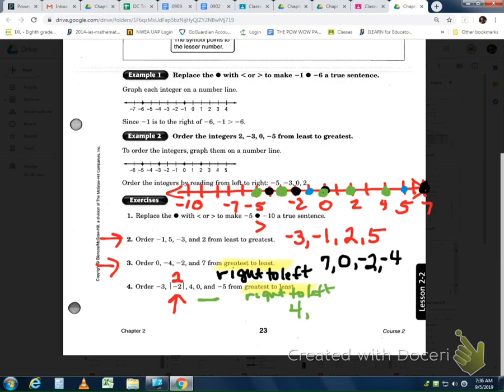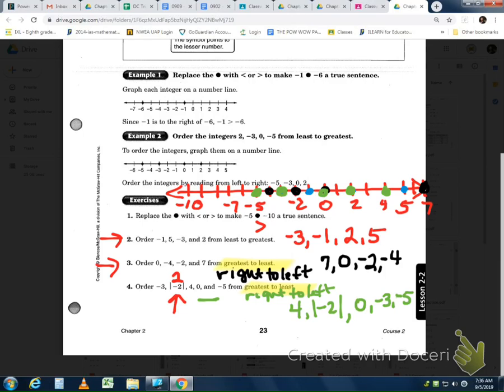Now the 2 you've got to write as the absolute value of -2. Don't change it to 2. You must leave it in the final answer the way that it started, absolute value of -2. And then we're going to go 0, -3, and -5. So we've put them in order from greatest to least.